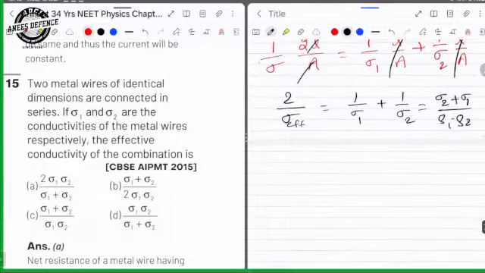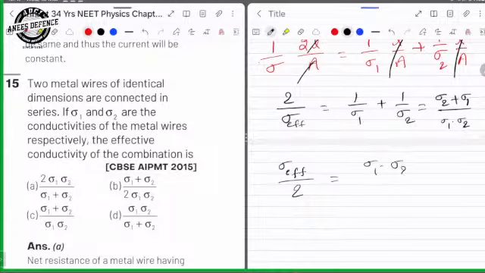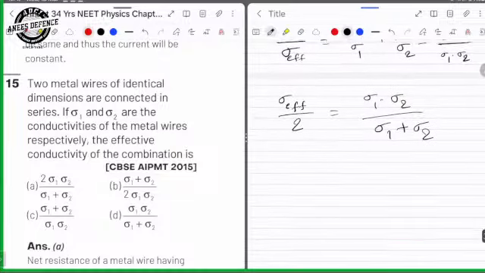Take inverse. Sorry, I made a mistake here, I'm so sorry. Sigma effective upon 2 is sigma 1 into sigma 2 upon sigma 1 plus sigma 2.